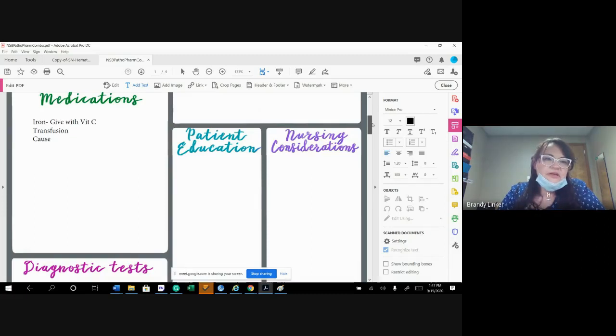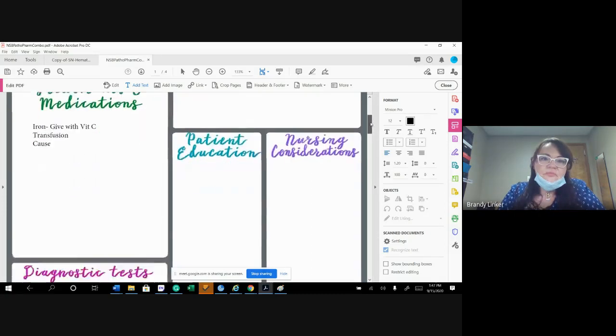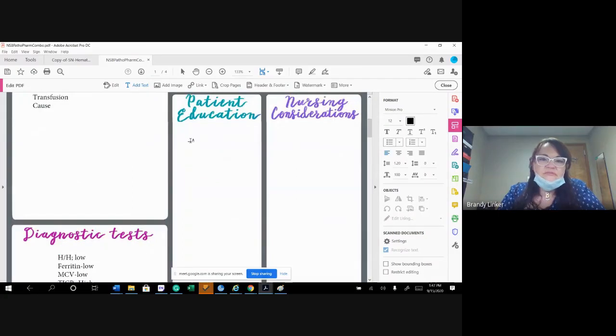Okay. Let's see. Patient education. Increase iron in the diet. Okay. With vitamin C, because really it should be taken on an empty stomach, but they will vomit. It causes nausea or black stool.